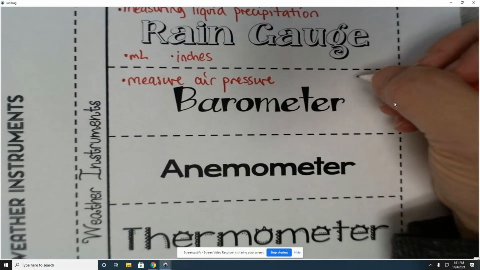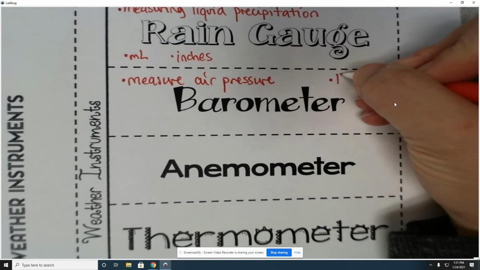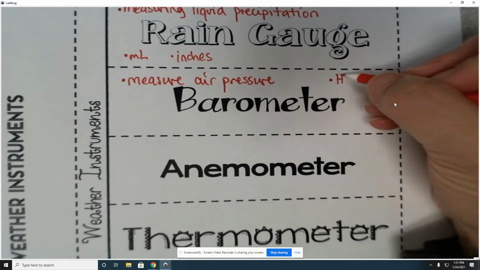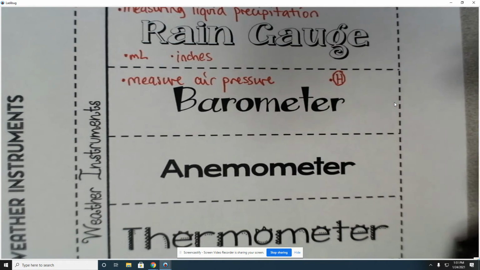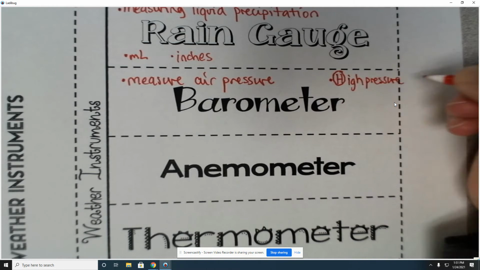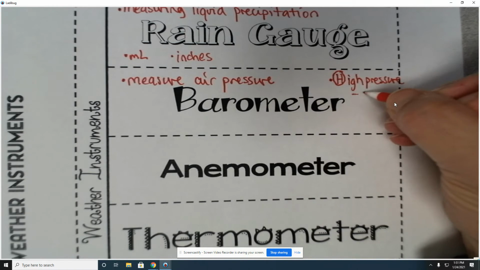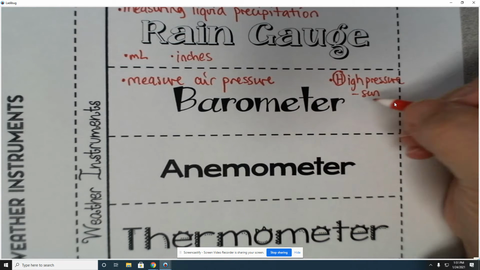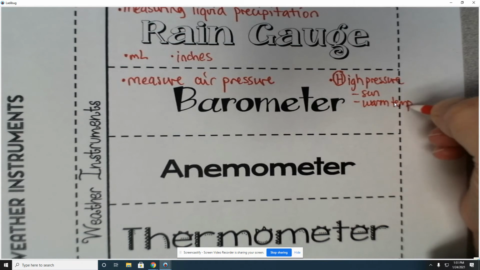And so what you'll see, we have a symbol of an H, which means high pressure, and they're usually in a circle. And what this means is high pressure systems usually bring sunny skies, so lots of sun, and usually warm temperatures, so warm temps.